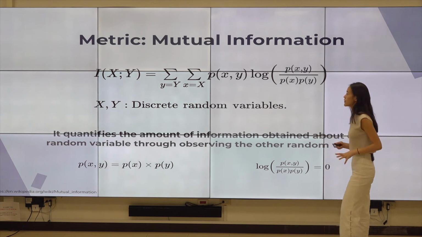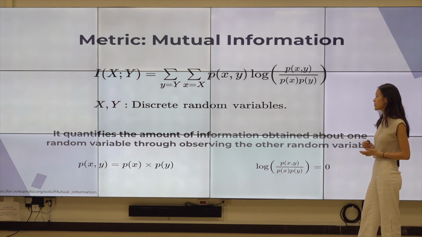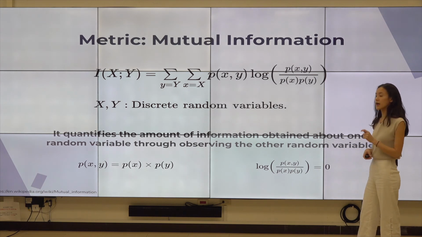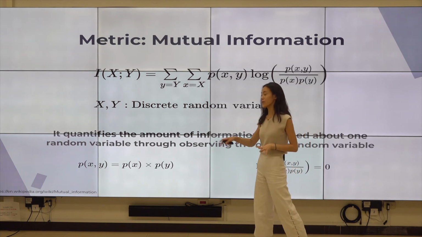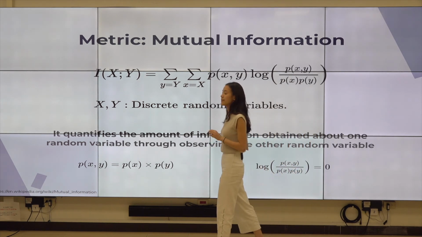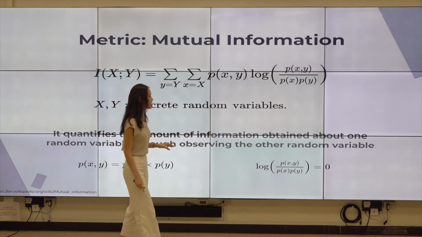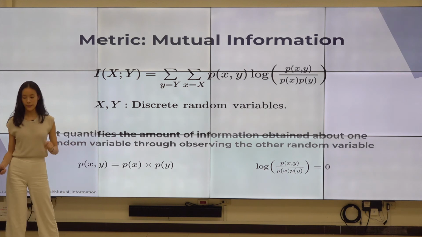What mutual information does is quantify the amount of information obtained about one random variable through observing the other random variable. One thing I'd like you to remember is that if these two random variables are independent, then the log of this would equal 0. That's something to keep in mind.